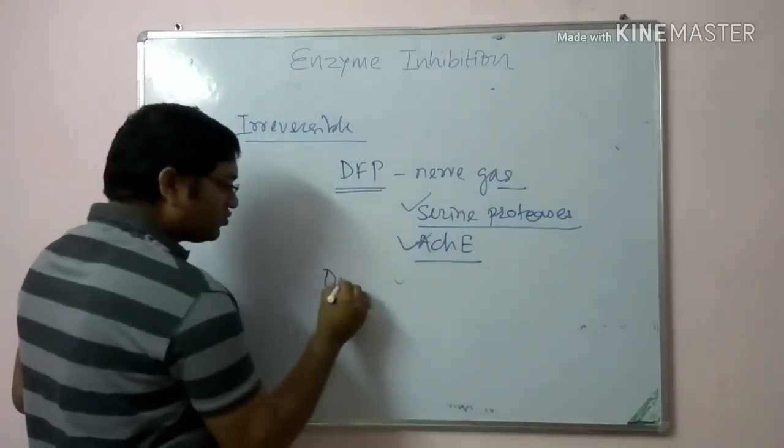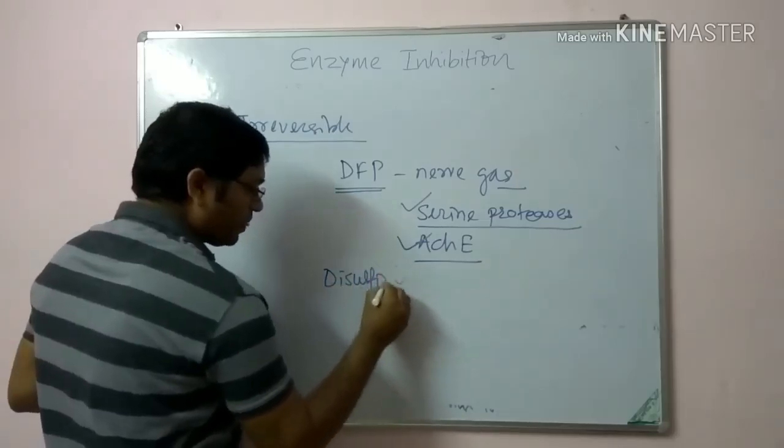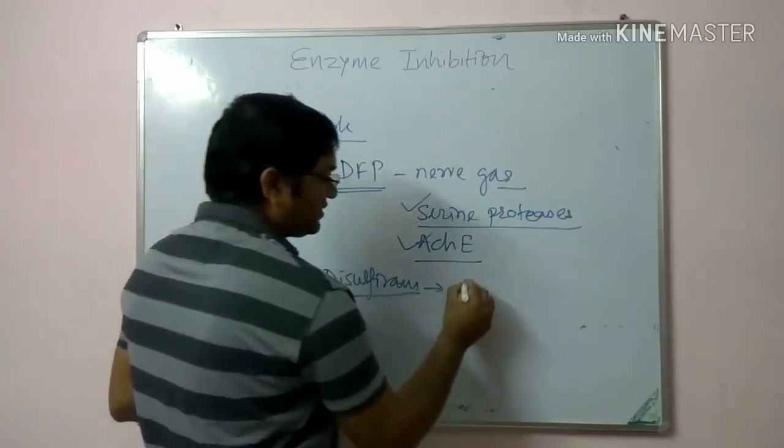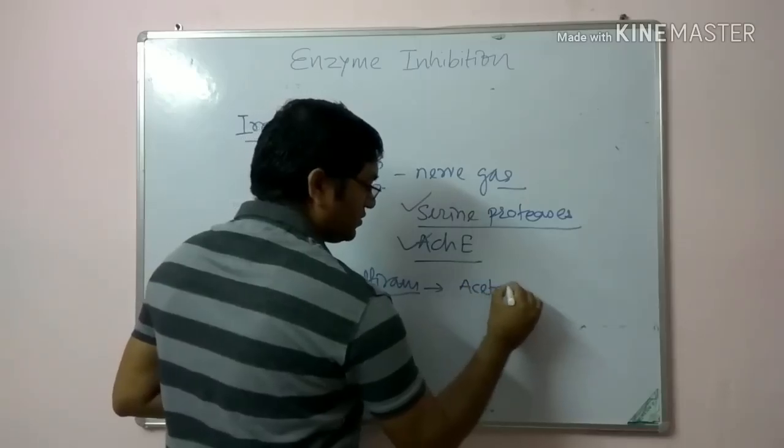Next is the Antabuse, that is disulfiram, that inhibits the acetaldehyde dehydrogenase.